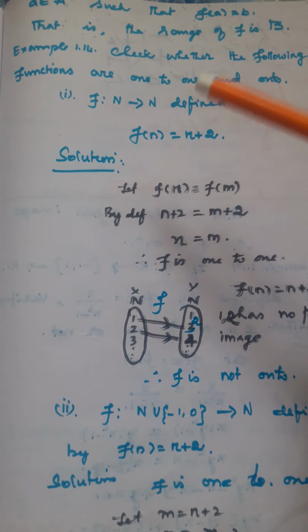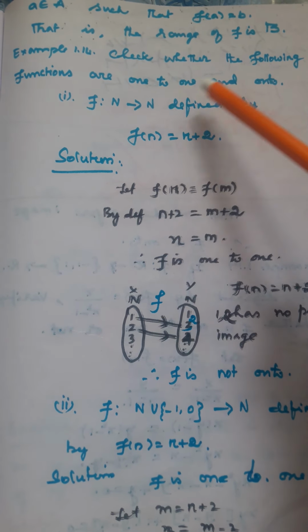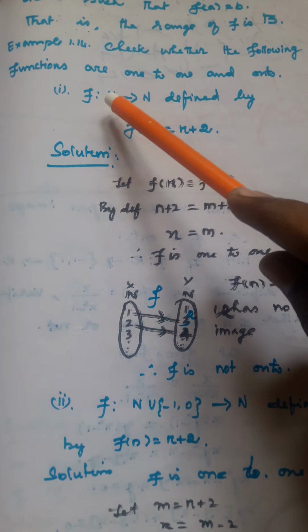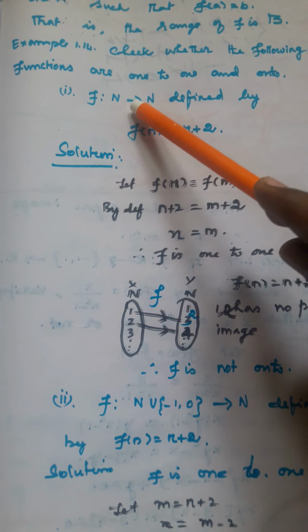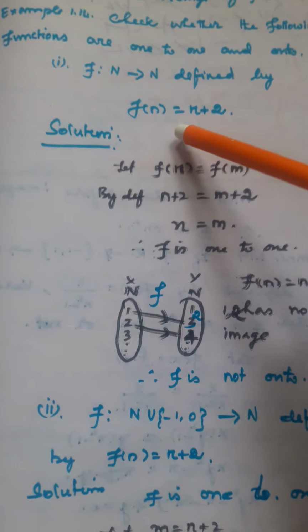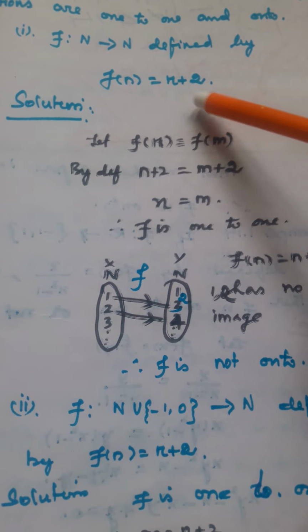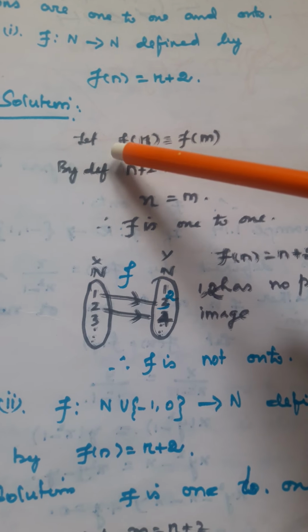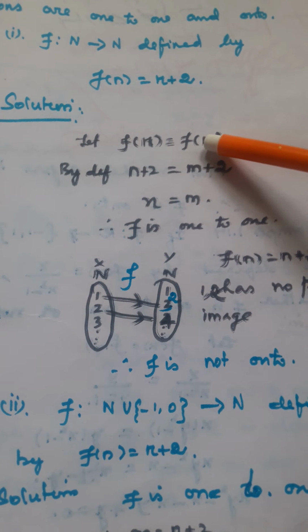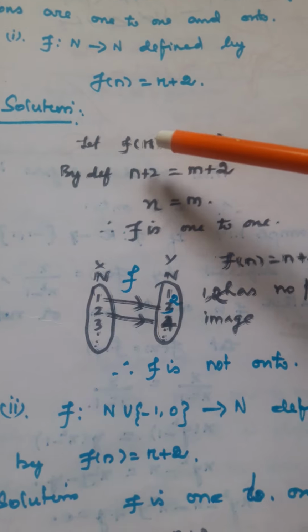One of the examples: check whether the following functions are one-to-one and onto. Your f from N to N defined by f of n equal to n plus 2. So what is the working rule for one-to-one? That is very simple. Let f of n equal f of m.